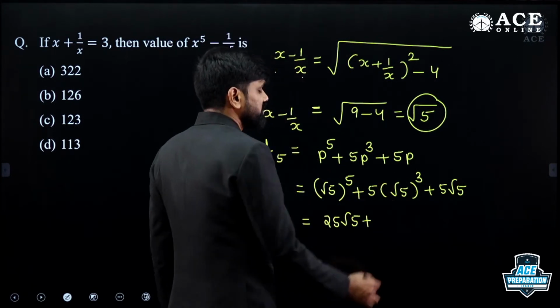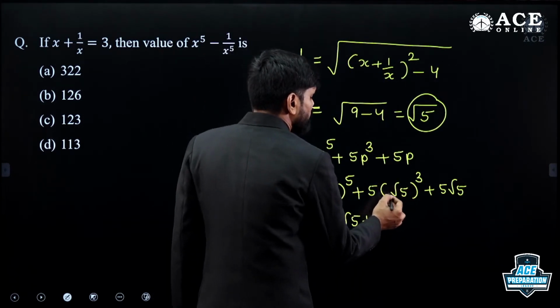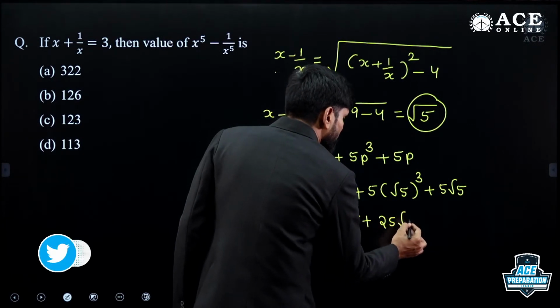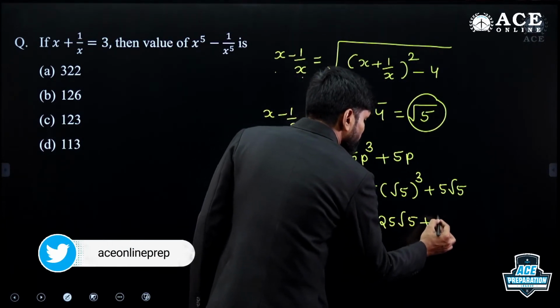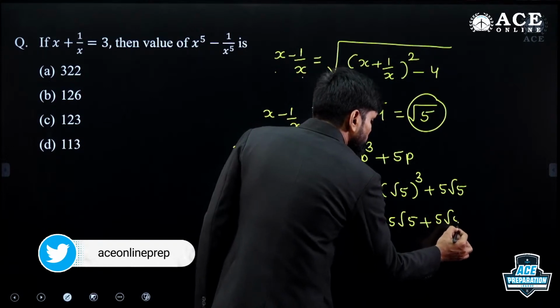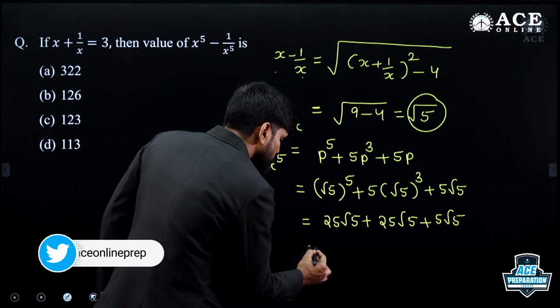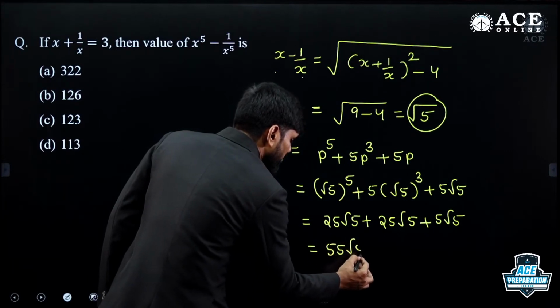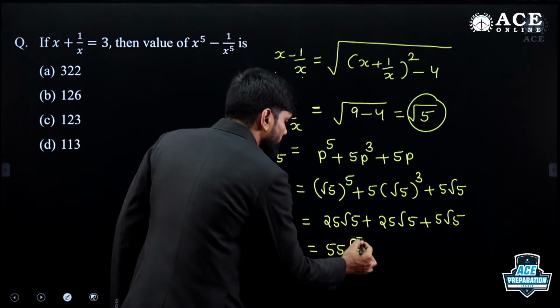Root 5 whole cube is nothing but 5 root 5. So that will give you another 25 root 5 plus another 5 root 5 here. So overall it will come out to be 55 root 5. Your answer should be 55 root 5.